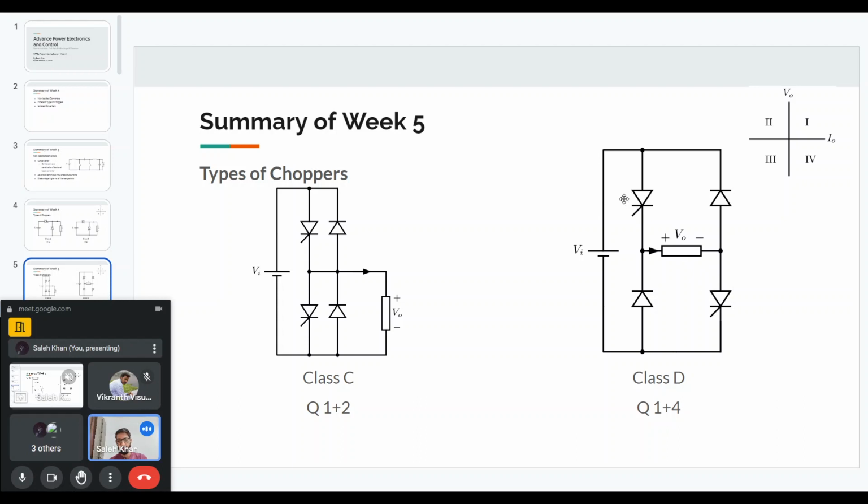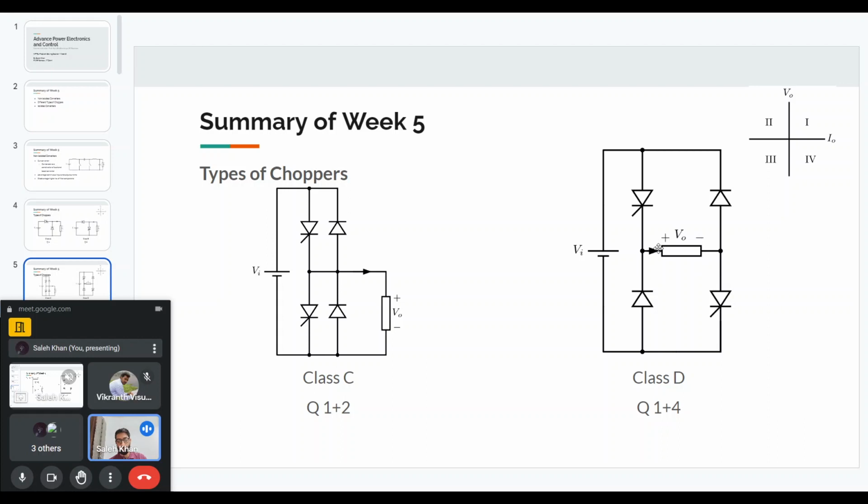If we turn off both of these thyristors, then the current will flow through the diodes, because we are saying that this is an RLE load. The current has to continue because of the inductor, so the current will continue to flow. Now if we are turning off the thyristor or the GTO, then the current will have to flow through the diodes. When the current flows through both of these diodes, you can see that at the output you will get minus Vin.